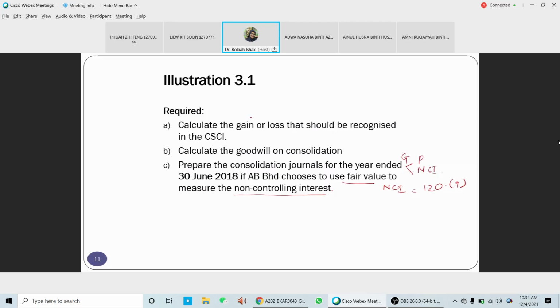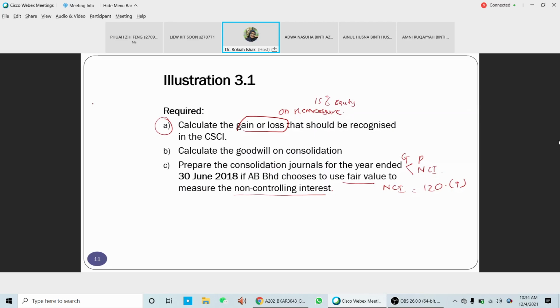So we're going to look at the first one: we need to calculate the gain or loss, which is going to be recognized in the statement of comprehensive income. The gain or loss here refers to the gain or loss on remeasurement. What we're going to measure here is the 15% previously held equity.